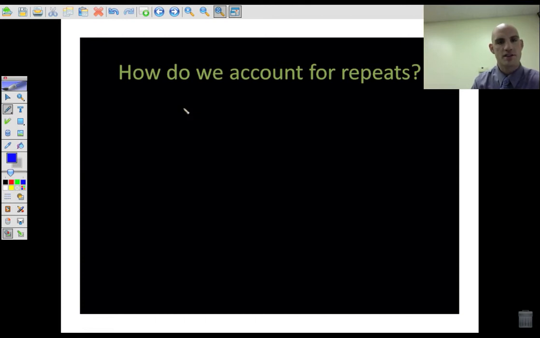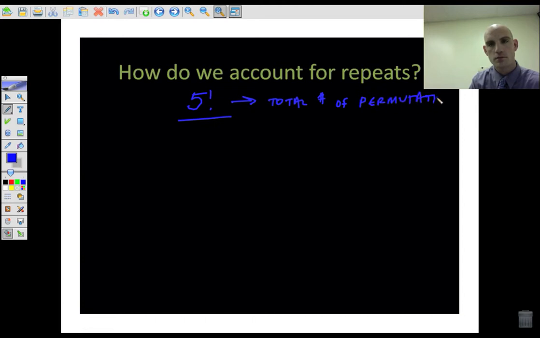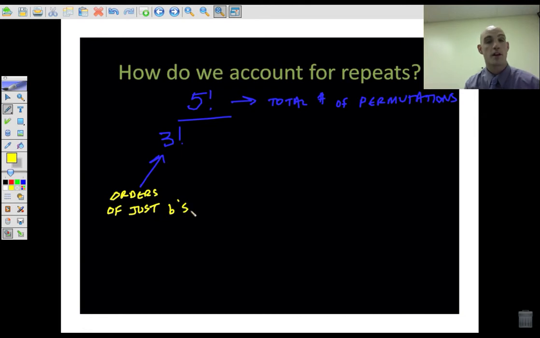So what we're going to say is this. To account for repeats, we're going to take 5 factorial and divide by, so this is the total number of permutations. And we're going to divide by 3 factorial, which is the number of orders for just the B's.